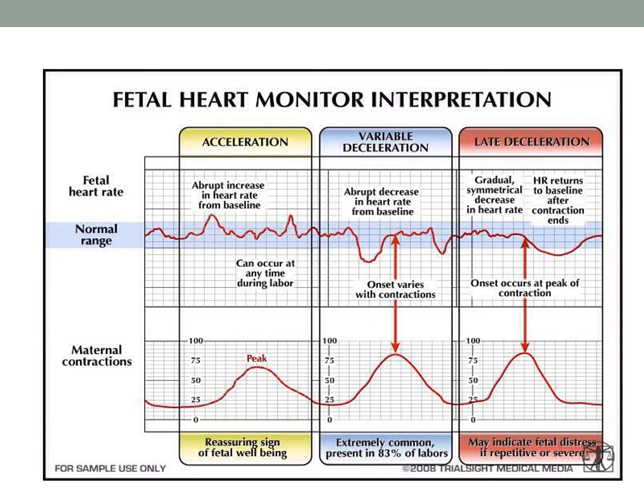Those placental reserves have been exhausted, and if it occurs once, it's okay. Nobody freaks out. But if it continues to happen, if it's a recurrent, repetitive issue, or if they're very severe, meaning they go really low and last a prolonged period of time, then we are concerned and we want to make sure that the baby is delivered as quickly as possible.